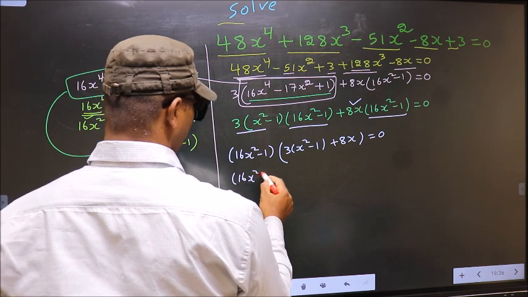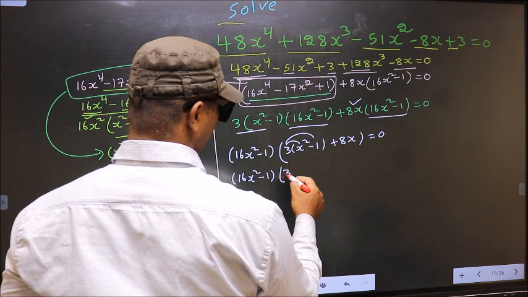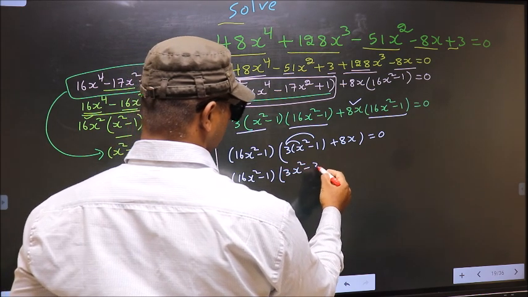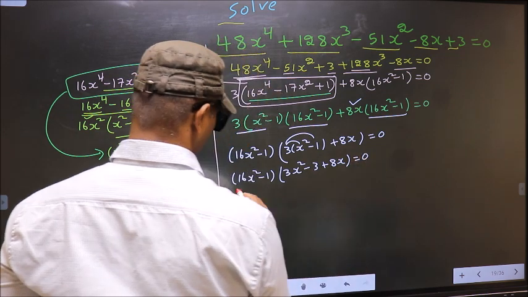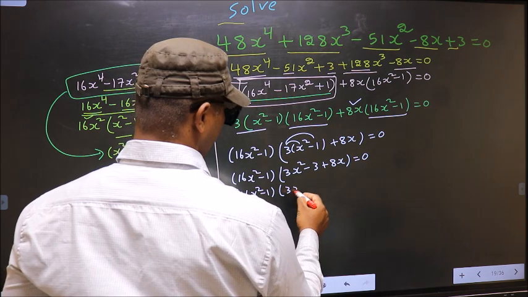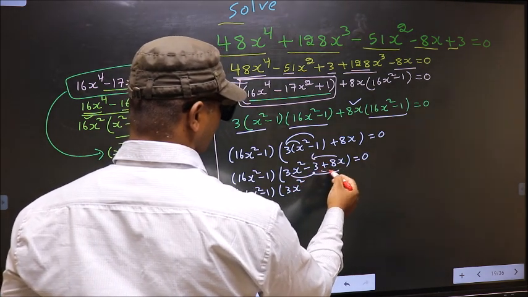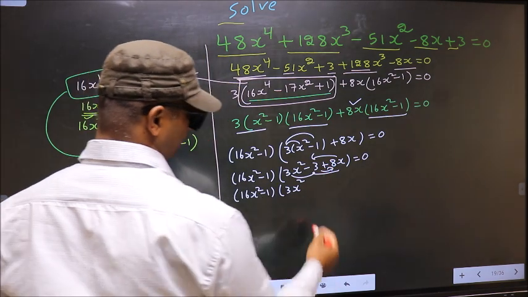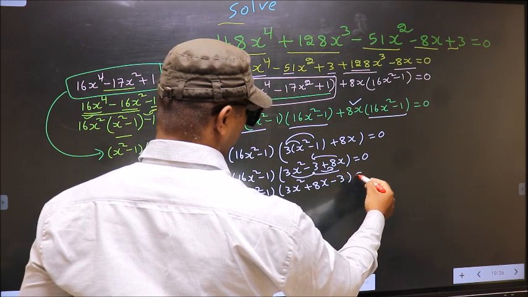Now 16x square minus 1, here you open up the brackets in this way: 3x square minus 3 plus 8x equal to 0. That is 3x square, and in this you should write the x term first, constant later, so plus 8x minus 3 equal to 0.